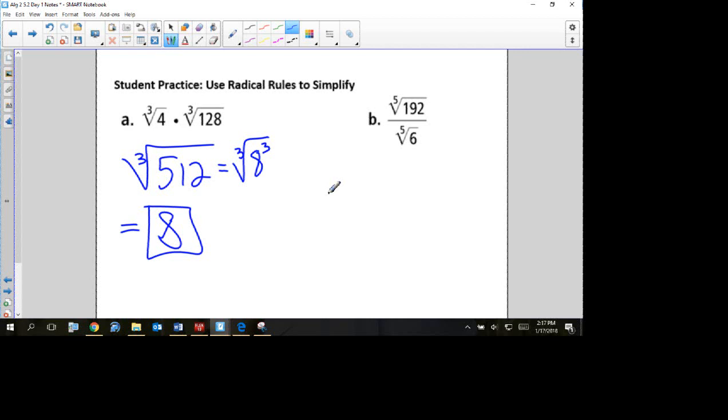The next one is a quotient. Should I put the fifth root around the whole thing? Like, are those going to maybe reduce? Well, I know they're both even. So might as well try. 192 divided by 6.